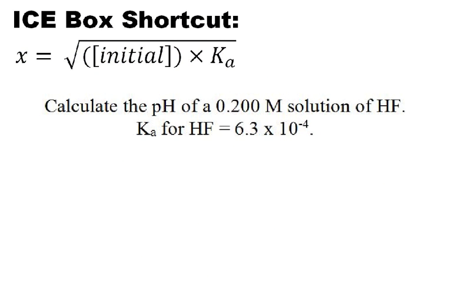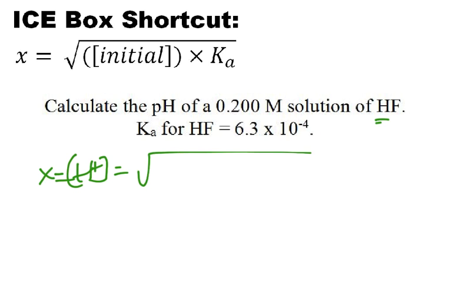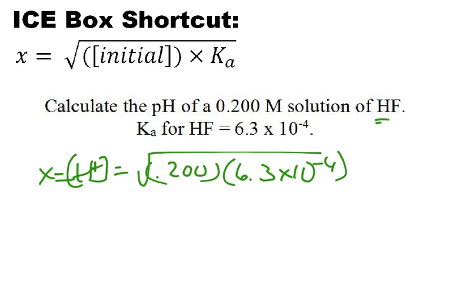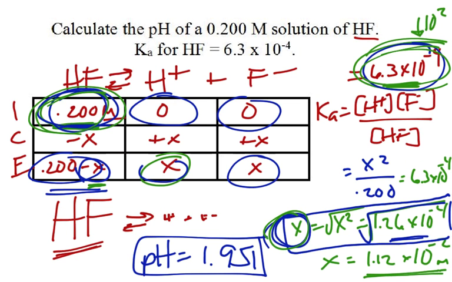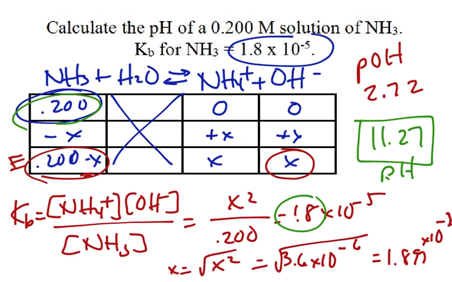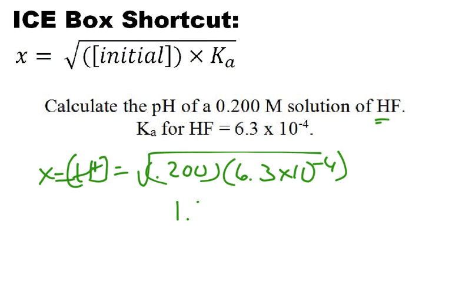So the x value, x, which in this case is going to be our H plus concentration, is equal to the square root of 0.2 times 6.3 times 10 to the negative 4. Now we've already done this problem. It's a little messy, but we can find out that when we multiply, that's 1.26 times 10 to the negative 4.